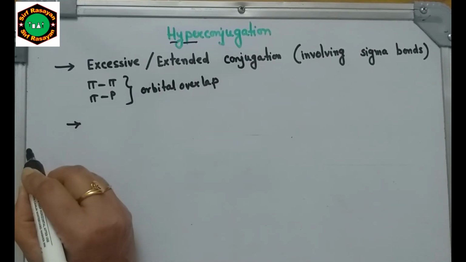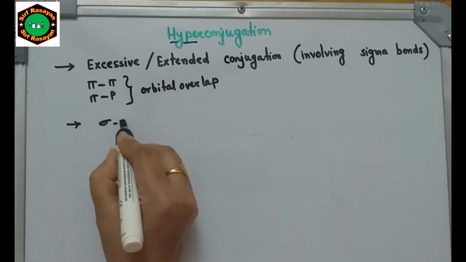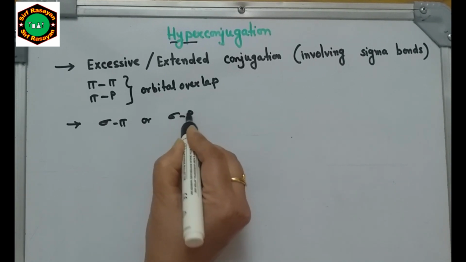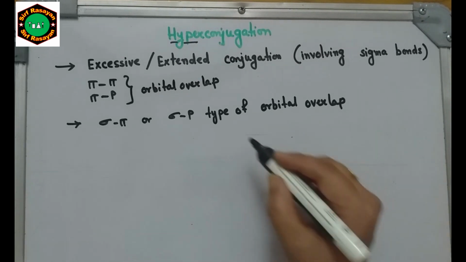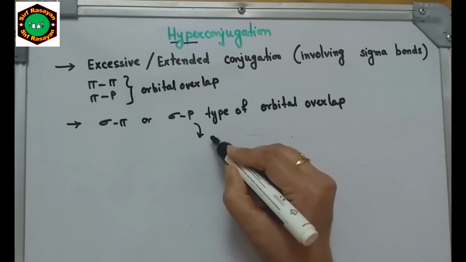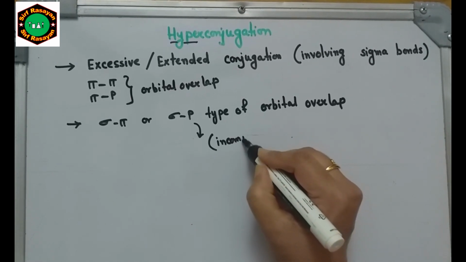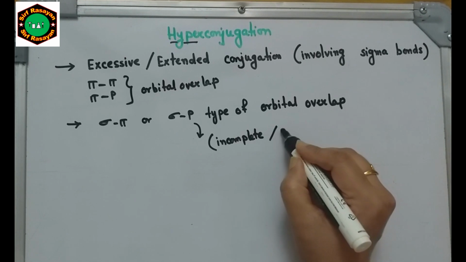But in hyperconjugation there is sigma-pi or sigma-p type of orbital overlap. This p orbital may be incomplete or may be vacant.